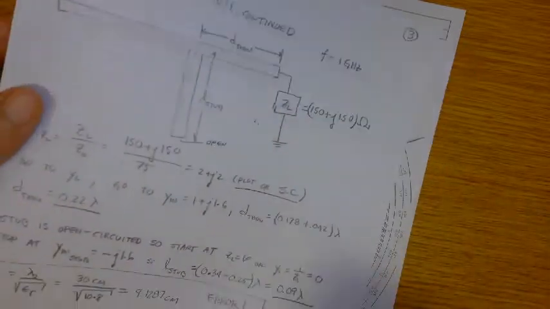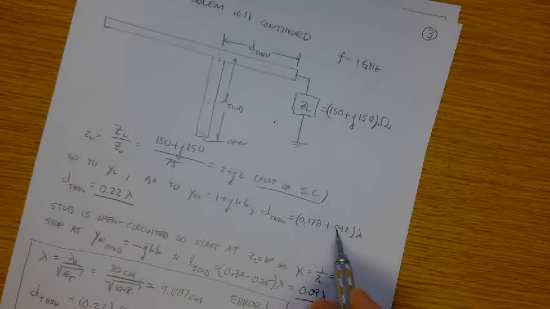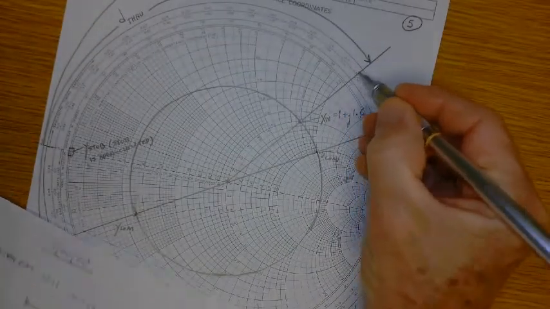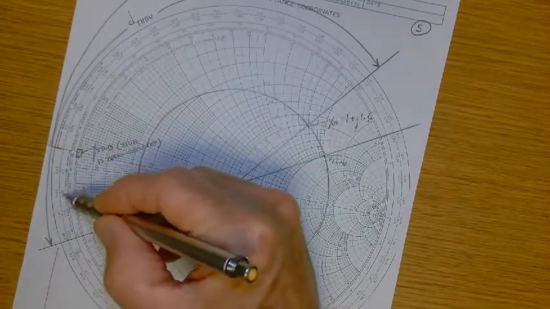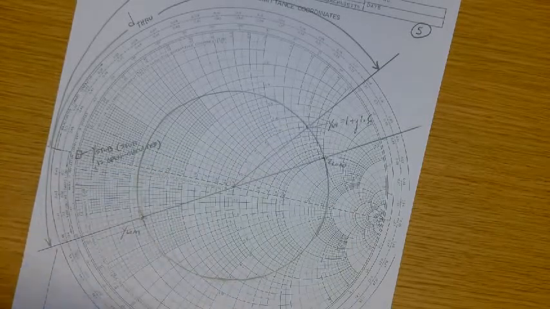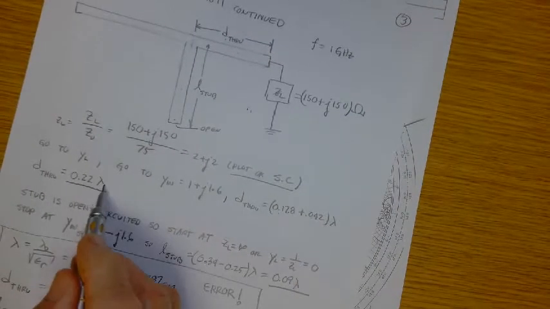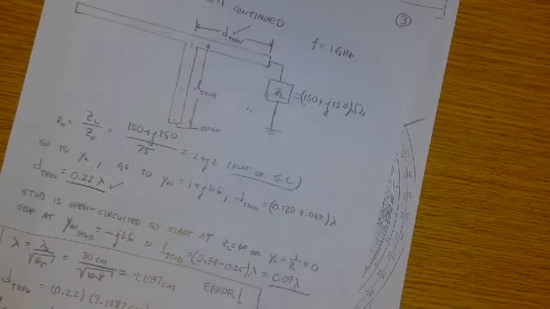Yeah, there it is in the notes. 0.178 plus 0.042. Right. Make sure you get that. That's this much, and I got to add 0.042 to it, right? That's what I'm doing. So that is 0.22 lambda for D through.